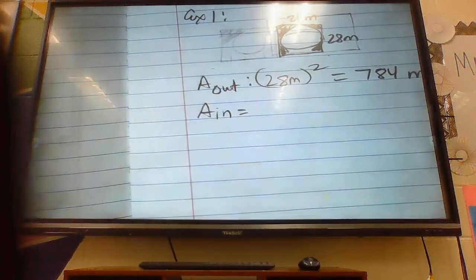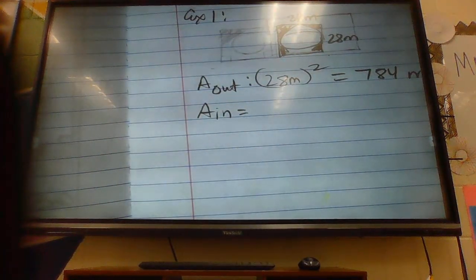Area in is going to be what? What do I need to find in the middle? The circle. Yeah, I need the area of the circle. So Ryan, what's my formula for finding area of a circle? Nope, not for a circle. Colton.